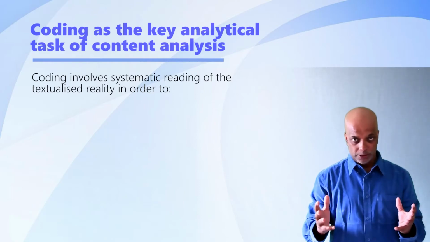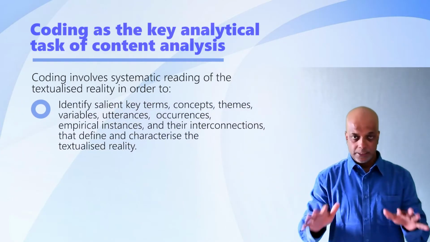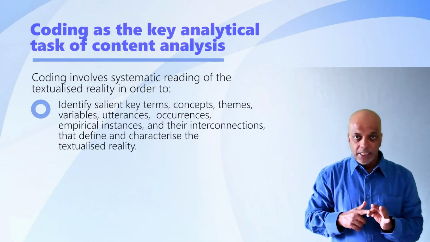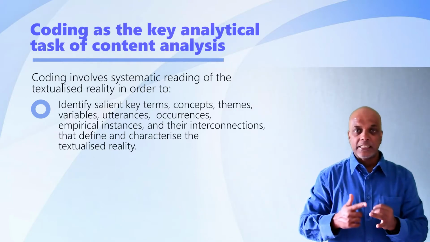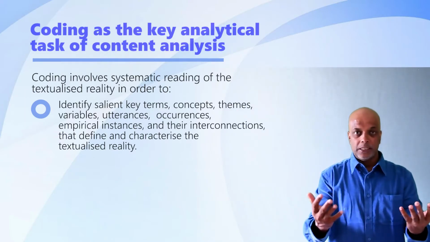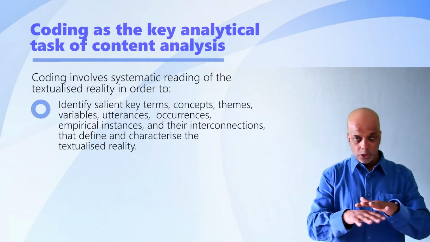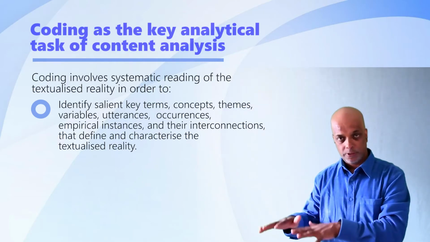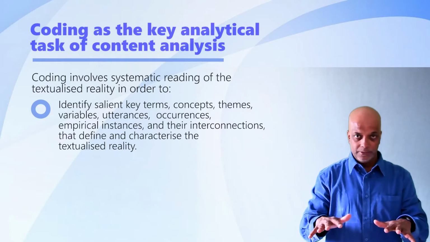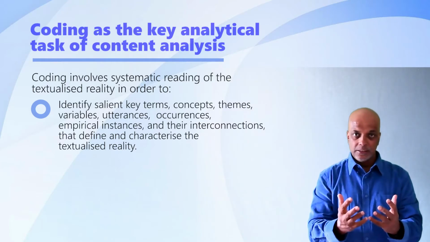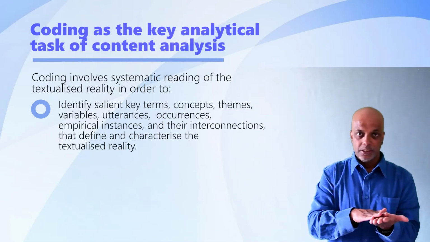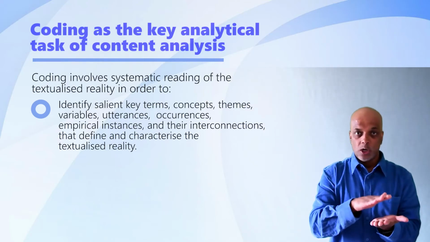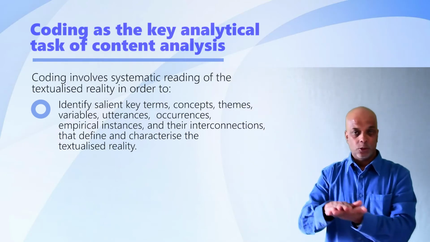So coding involves systematic reading of the text in order to identify salient, defining, or characterizing features of this particular text. That means you would read the text, yet again, either manually or with the help of computer software, in order to identify defining, characterizing, or salient words, concepts, themes, variables, occurrences, instances, and so on.